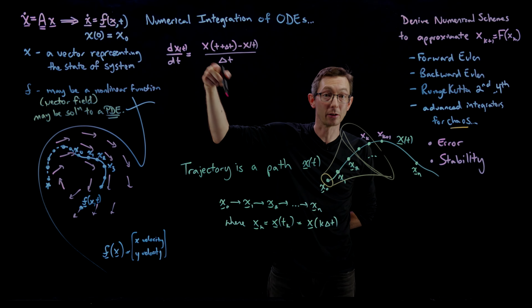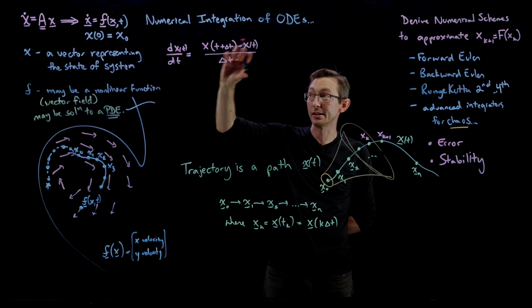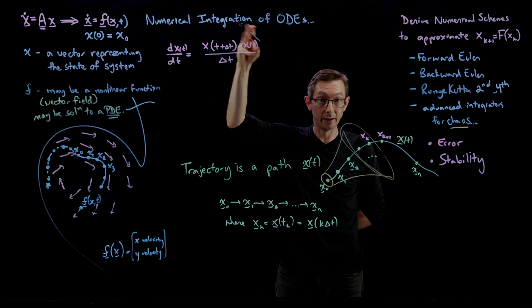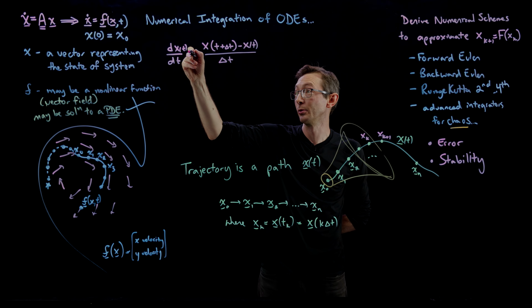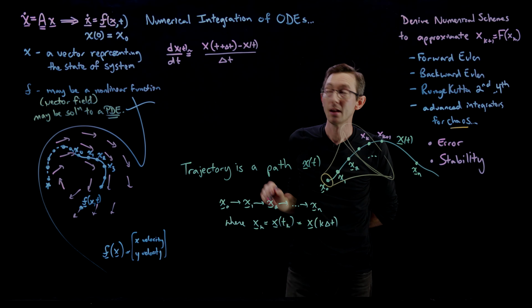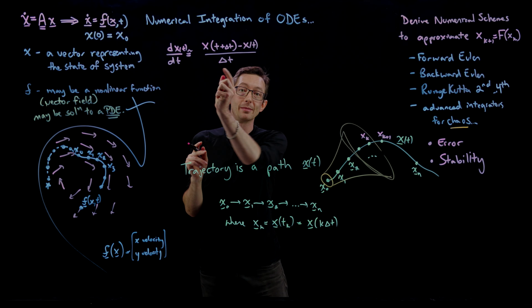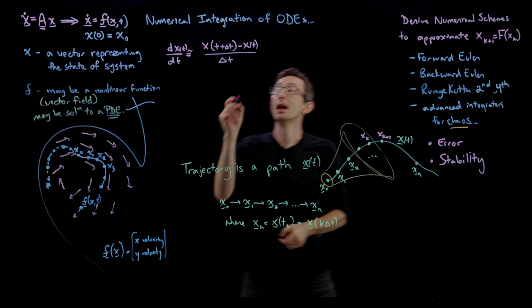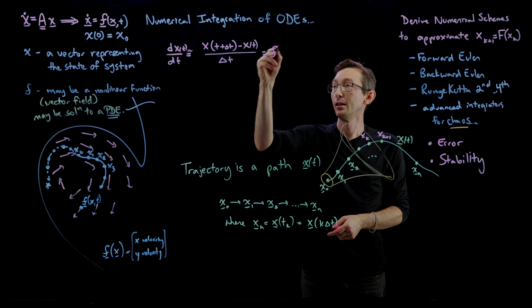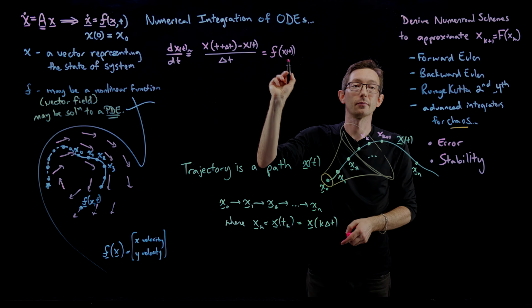We know that there's some error associated with this. We can look at the Taylor series of this expression, plug it in, and figure out how much error there is. So this is really only approximately equal to this. But we can use this approximation if we have a small enough delta t, and we can set that equal to f of x at t. Okay?